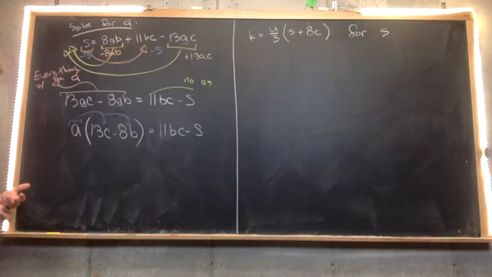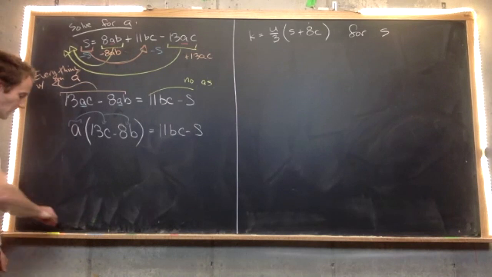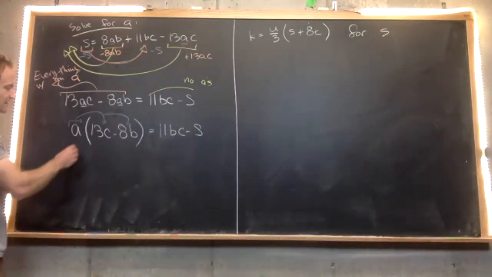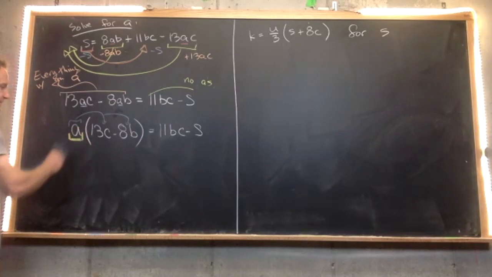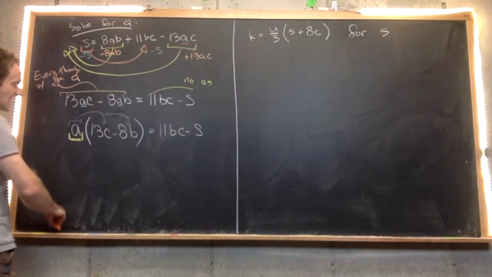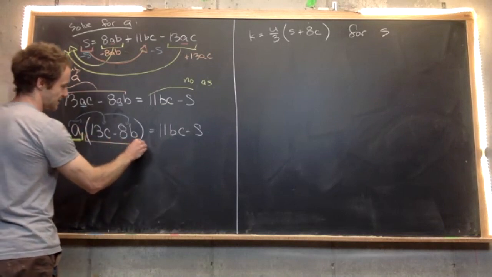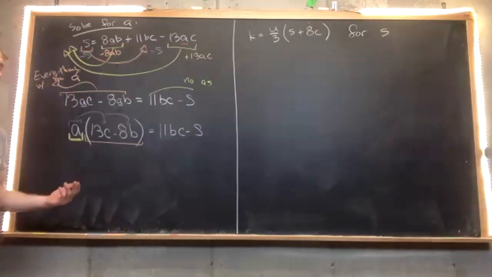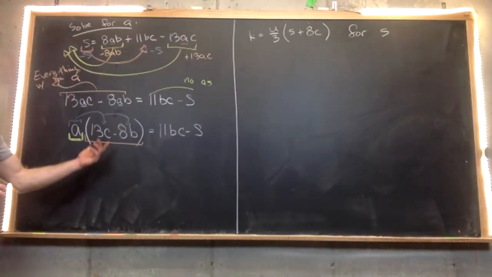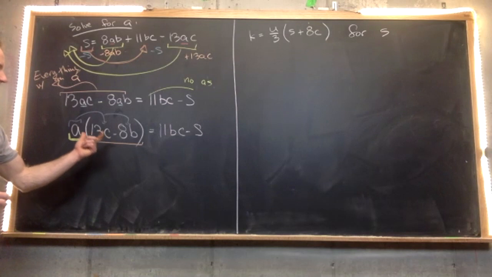But now this is an important place to be because notice the only place that A shows up in the left-hand side now is this term right here. So we have A times something else. It's just that something else is like pretty big, but we can just divide by that. So A times something equals something.